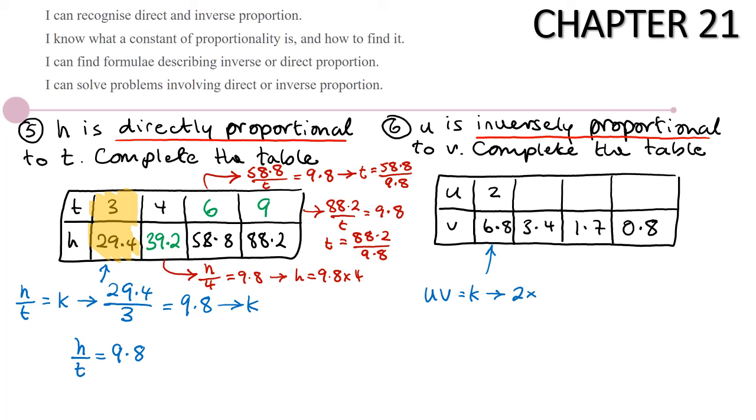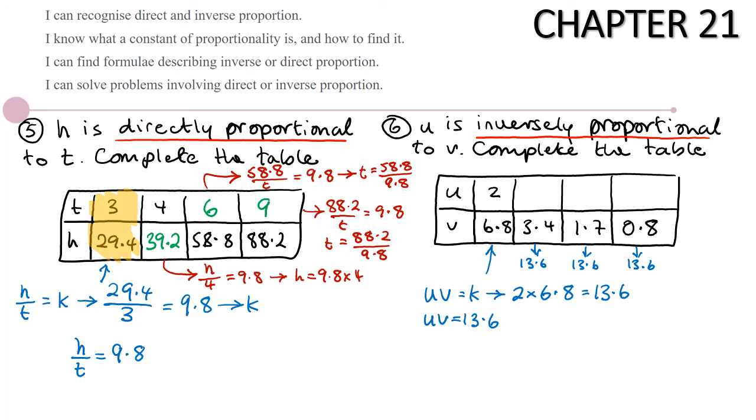So 2 times 6.8 gives me 13.6. Okay, so the formula is u times v is always 13.6. So I know that when I multiply every column, because it's inversely proportional, it has to be 13.6, which means if one number gets bigger, the other one's got to get smaller to keep the value at 13.6.